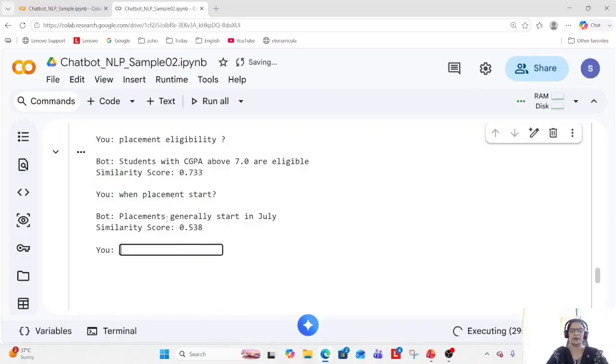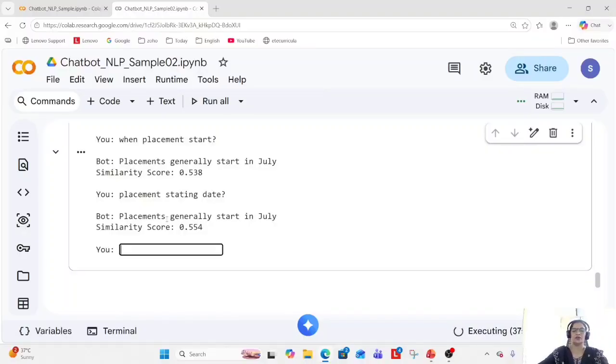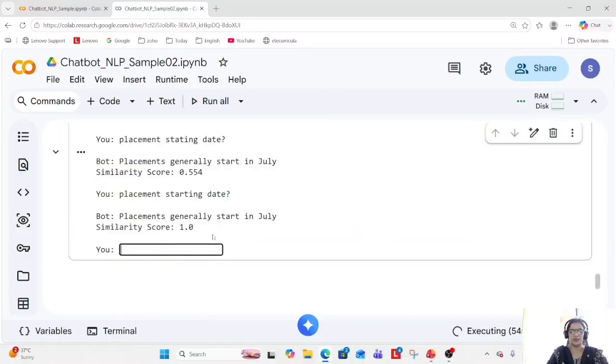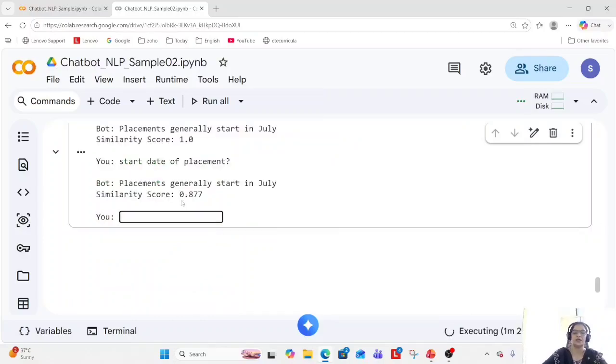But I am asking placement starting date. Even though I typed placement stating, sorry, placement date, it will give us the correct answer. Started date, start date of placement. So all the questions asked differently, even so it will give us the correct answer.